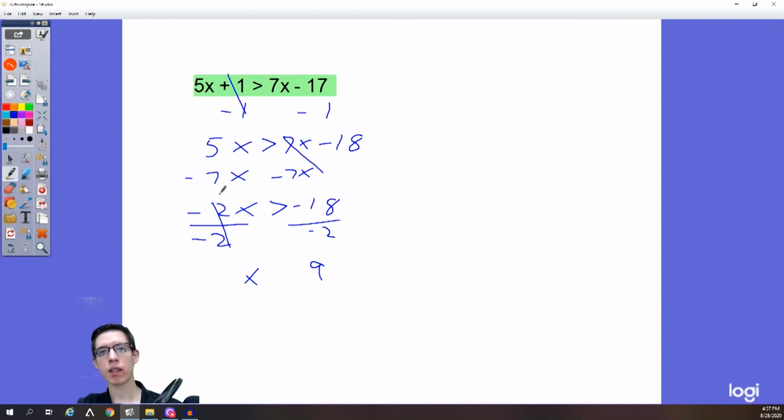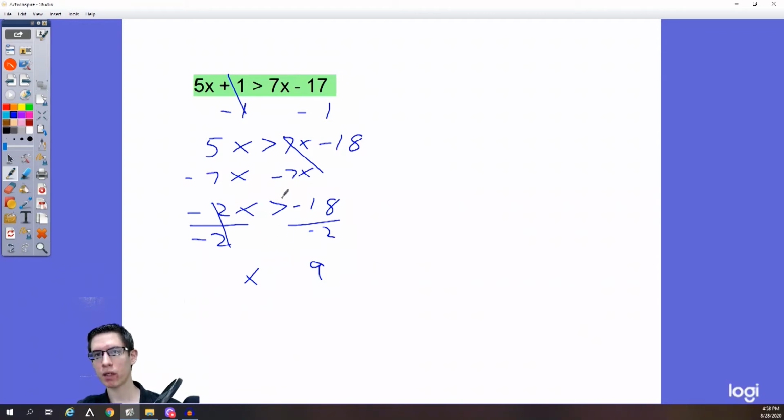But because I'm dividing with a negative number, there's a very special rule that only applies for inequalities like this. If I started with a greater than symbol and I divide by a negative number, the solution has to change direction and change equality.